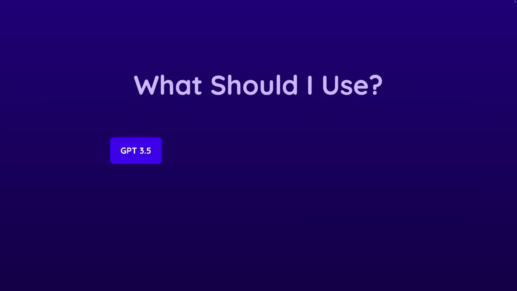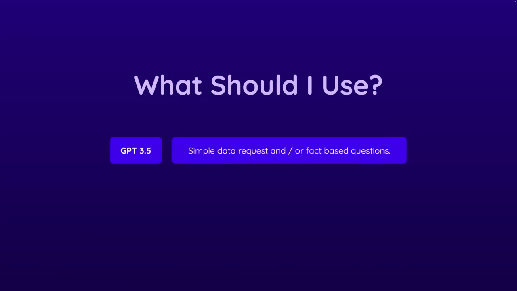GPT 3.5 is totally sufficient to get started and for simple data request or fact-based questions. So if you have rather simple prompts, you can definitely use GPT 3.5 to get started and to learn ChatGPT.